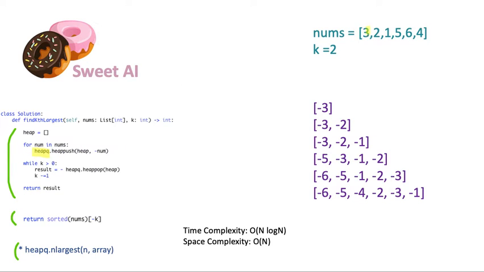So what we are going to do, if this is the example of the array that we have and we are looking for the second largest element, we are going to iterate over every single item and add it to the heap. But we are going to add the negative of that number to the heap.